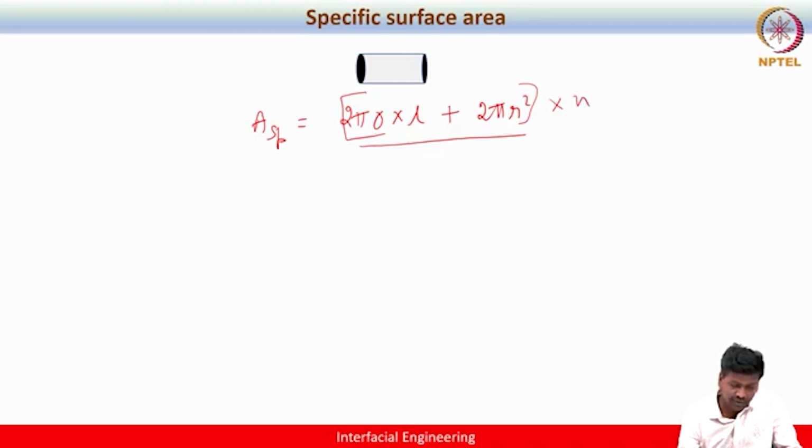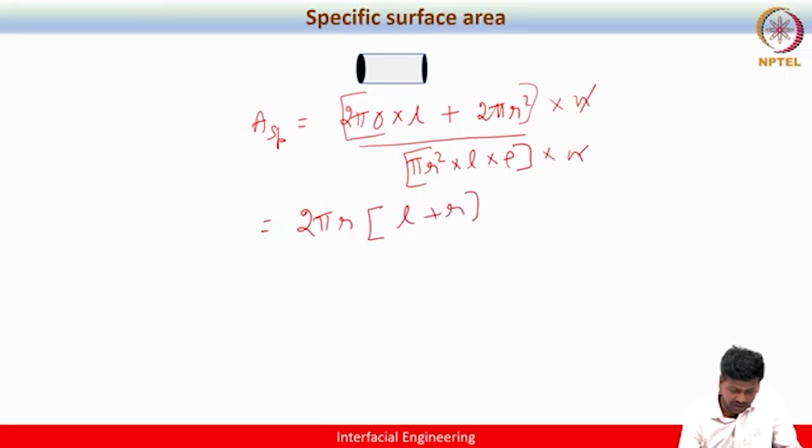In the denominator, similarly, we have to multiply volume with rho, and then we have the number of particles. So these two can be cancelled out. Now I can take 2 pi r common, and then I have L plus r ultimately.